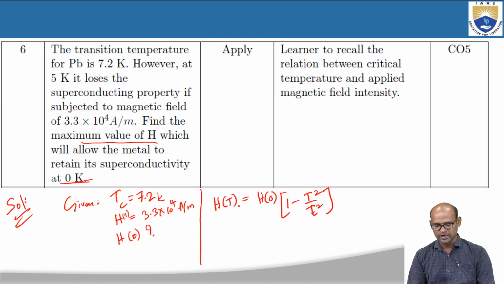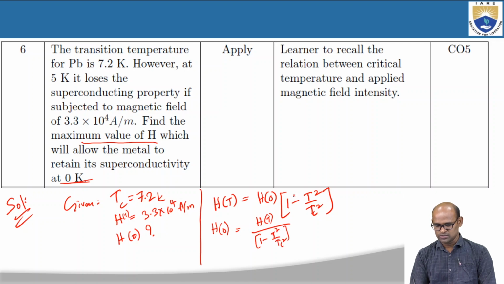The magnetic field to which the superconductor is subjected, H of T, is given. At 5 Kelvin, we have H of T as 3.3 into 10 power 4, so we need to calculate H of 0. So H of 0 is H of T divided by 1 minus T square by Tc square.